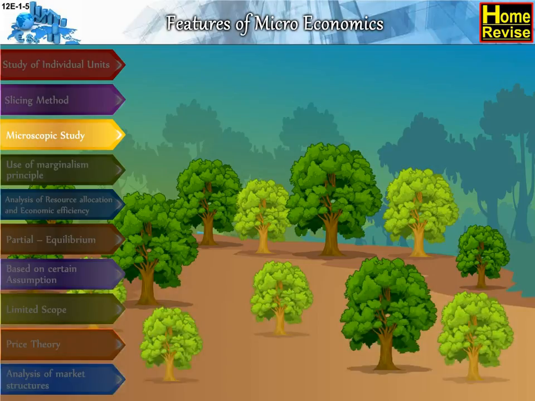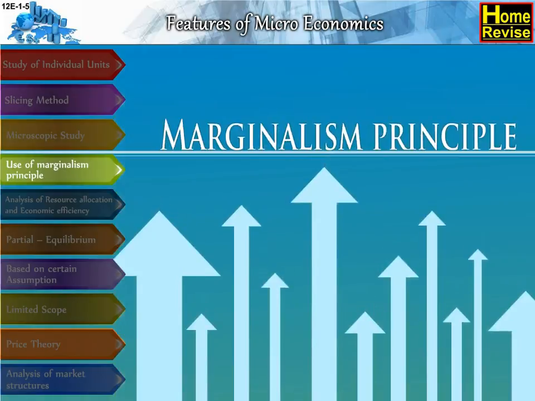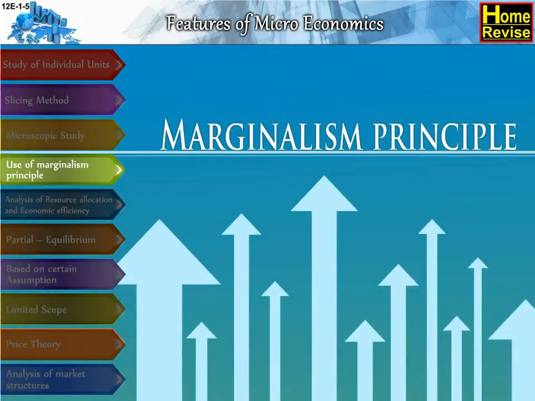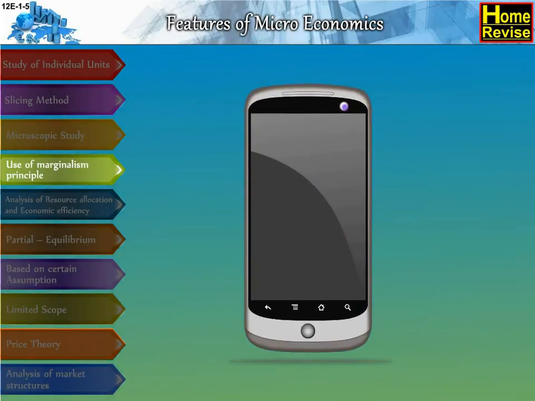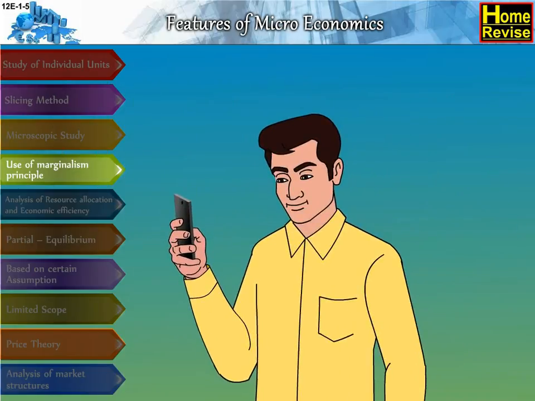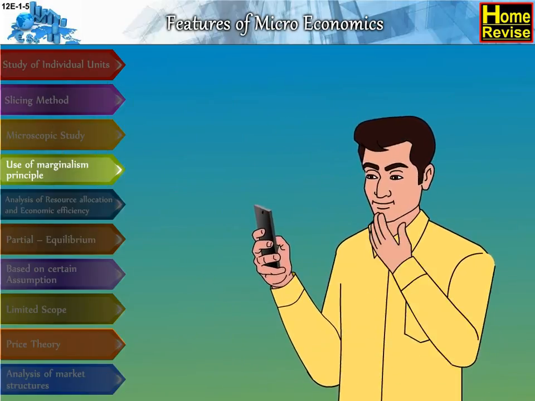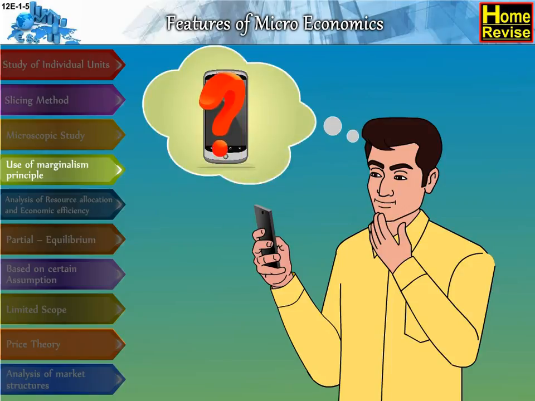The fourth feature of microeconomics is use of marginalism principle. Before buying a new model of mobile phone, you always analyze, is it necessary to buy it? When you think of getting an extra unit, even when you have one, you make an economic decision.